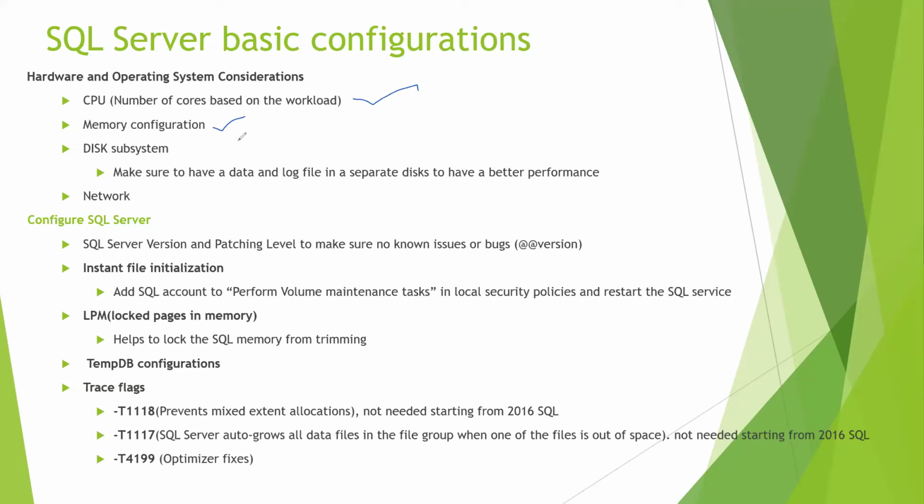But if the system needs more memory, or if the system needs more CPU, that is where we have to inform the system team or the server team to add more resources, or we ask the application team to reduce their workload, or even ask them to use connection pooling.